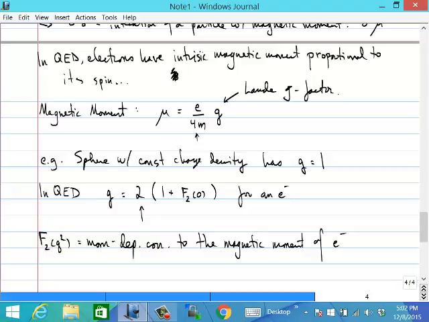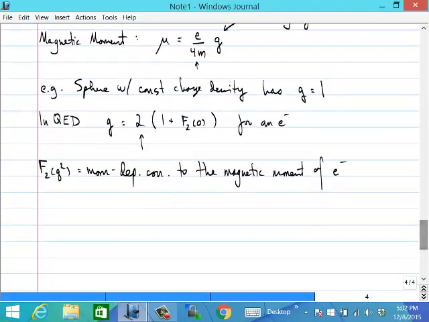Okay, so let's compute it. Now, at tree level, of course, F2 is equal to 0. So this is going to be some sort of quantum correction to the magnetic moment of an electron. So let's work at one loop. What's the name of the game?